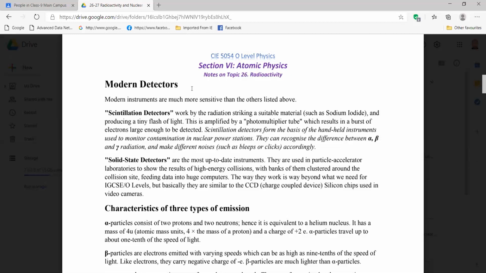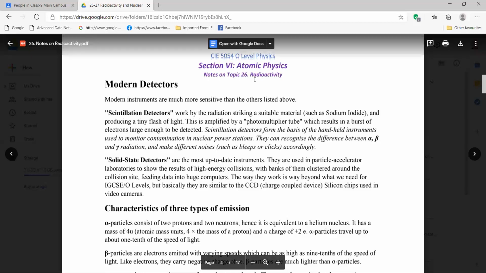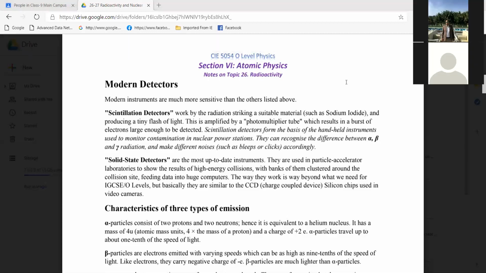Modern instruments are much more sensitive than the others listed above. Scintillation detectors work by the radiation striking a suitable material, such as sodium iodide, and producing a tiny flash of light. This is amplified by a photomultiplier tube, which results in a burst of electrons large enough to be detected.